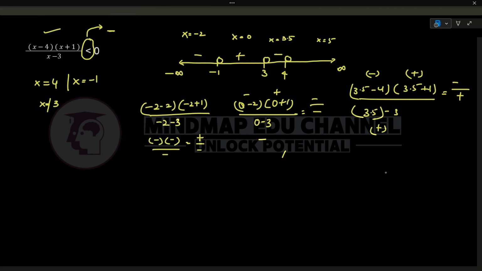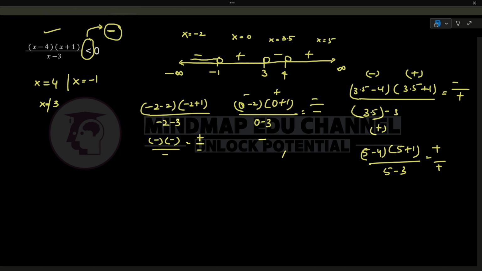Let's check the last one now. Here it is 5 minus 4, 5 plus 1 over 5 minus 3. So here it will be positive and positive, so positive, positive, positive. Now we are looking for the negative. Correct? So which section here holds true for our example?